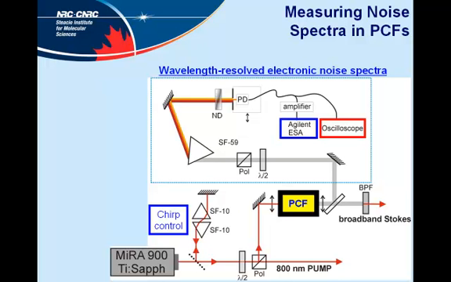So what we have is a femtosecond laser, which we can control the chirp, and we send it through a photonic crystal fiber, and then we send it into a photodiode, which we measure with an electronic spectrum analyzer, and we're going to look at the spectral noise density in the RF, the noise in the measurement, as a function of the band that I look at. I'm going to resolve within this continuum, and I want to see how it depends on the input properties of the chirp and the pulse duration.